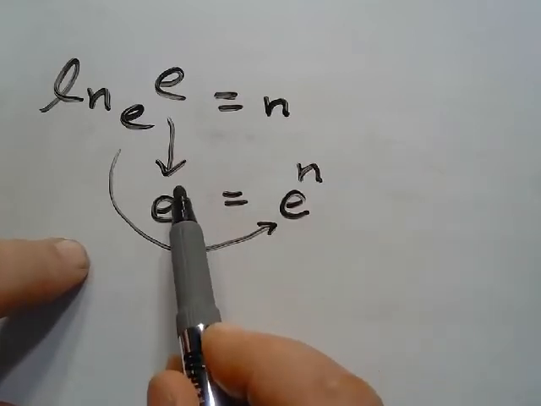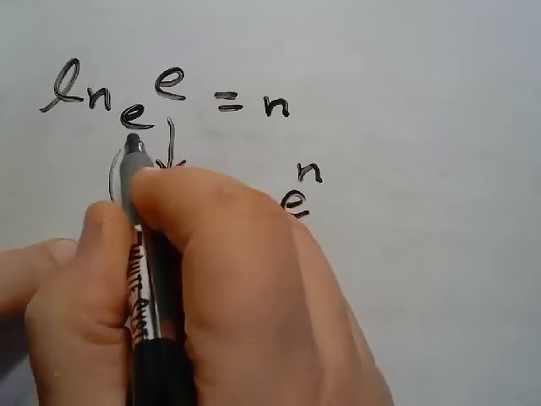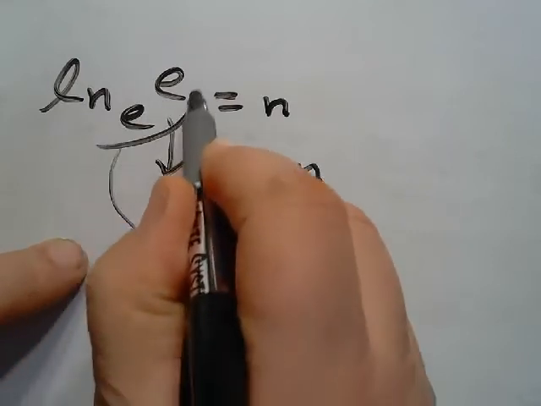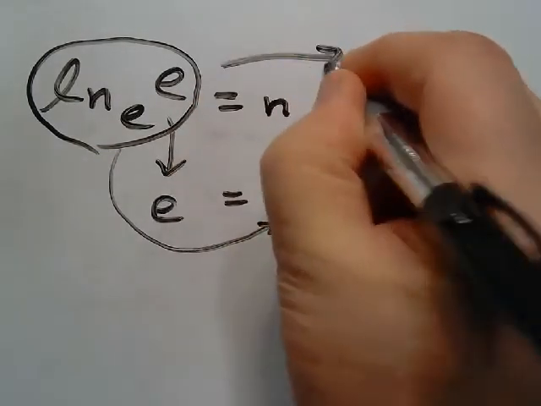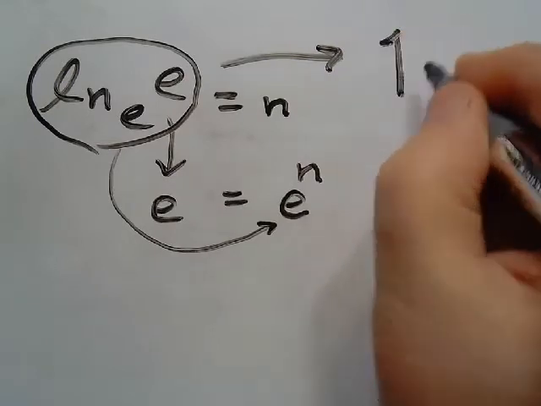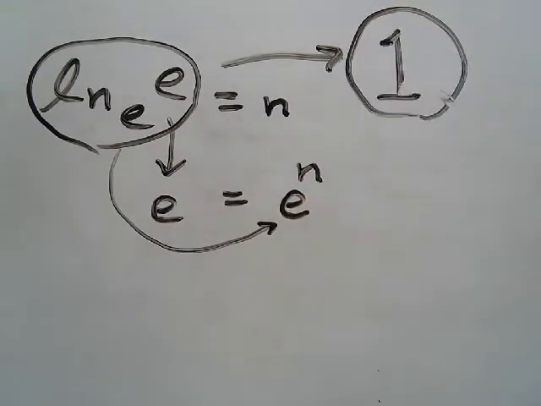Well, what you don't see right here is a 1. The natural log base E and E undo each other, and they create 1. This is an important concept for us to understand: these two undo one another. This is a serious thing, as we're going to use this to solve equations.